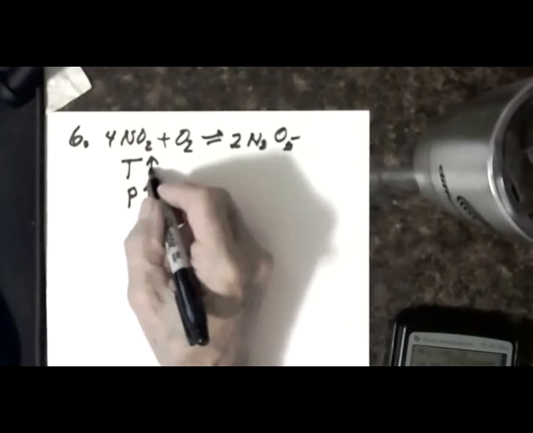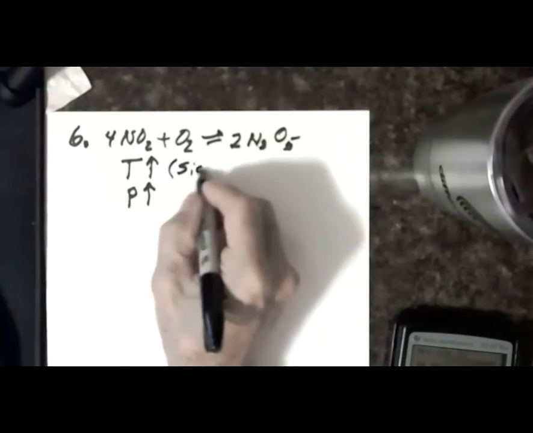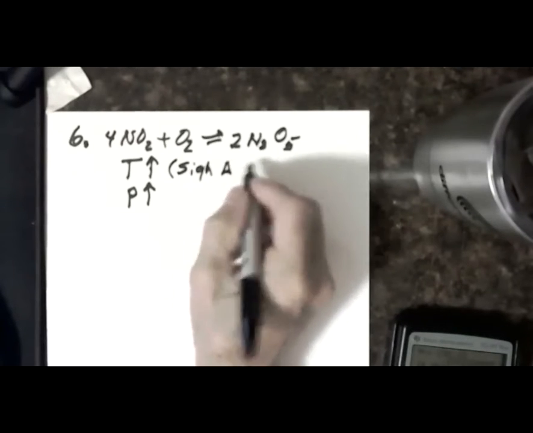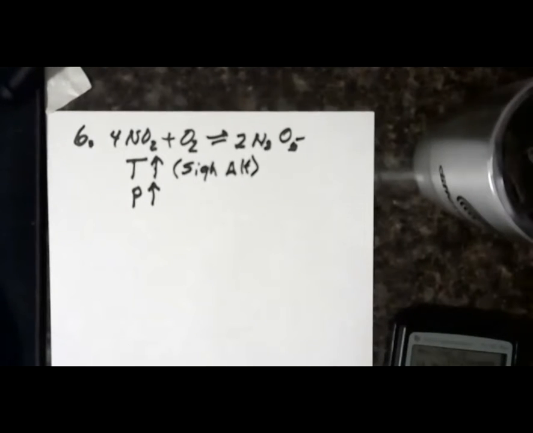Now, to get the temperature, I need the value of the sign of delta H. Okay, so let's go back. We calculated that way back early. I think it was negative delta H. How did I calculate it?